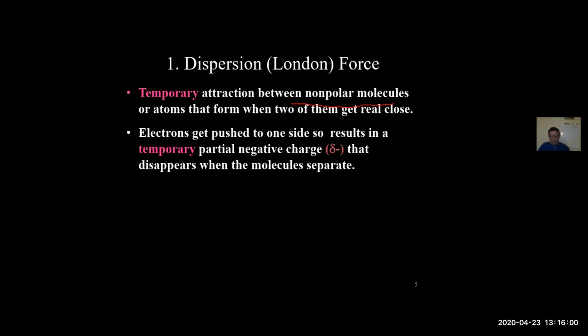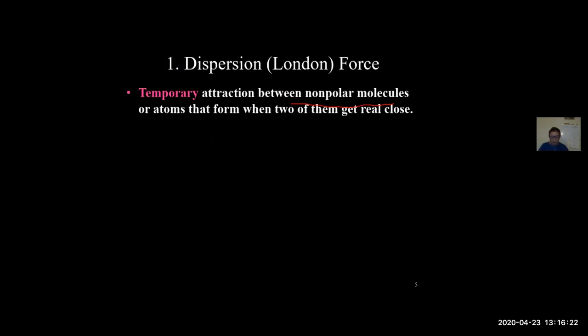Now, what's happening here, the electrons from one compound are actually pushing the electrons from another species, another compound. And it forces those electrons to create a partial negative and a partial positive side.